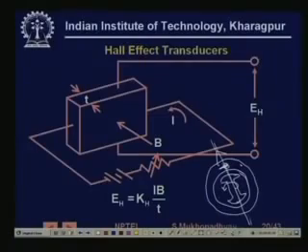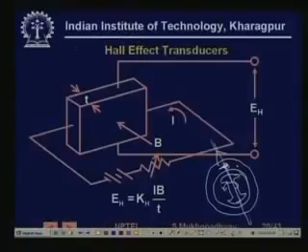This is widely used in industrial motor drives for sensing the rotor position. Whenever you get the voltage pulse, you know that the rotor has passed through a particular angular position. This is the way the Hall effect sensor senses position.